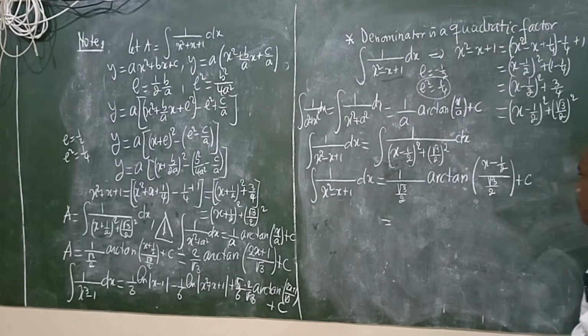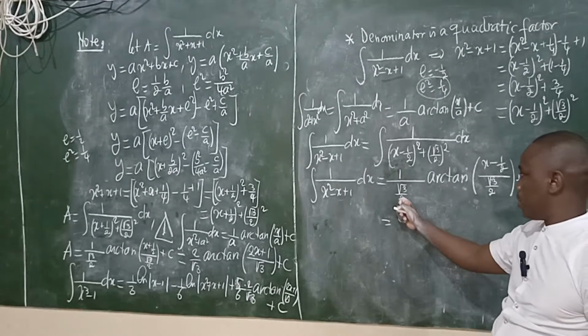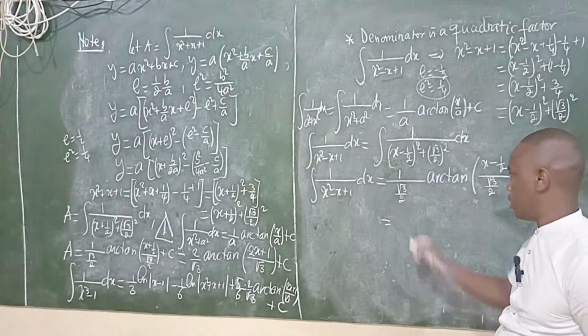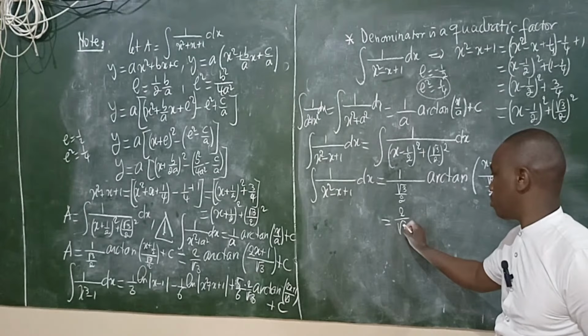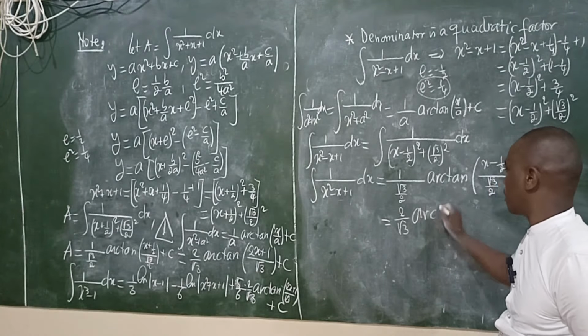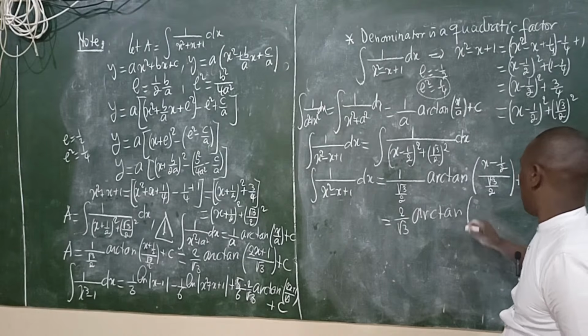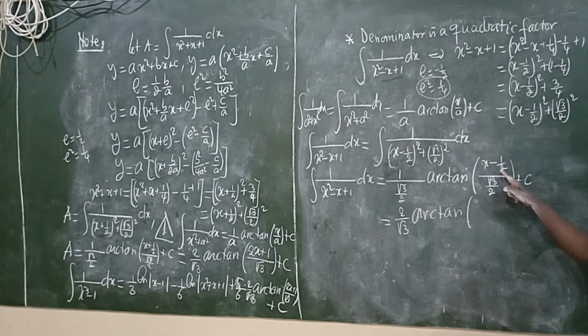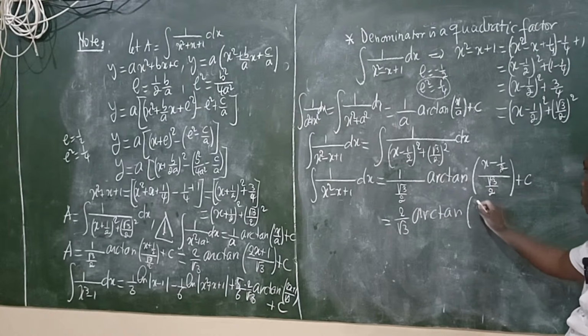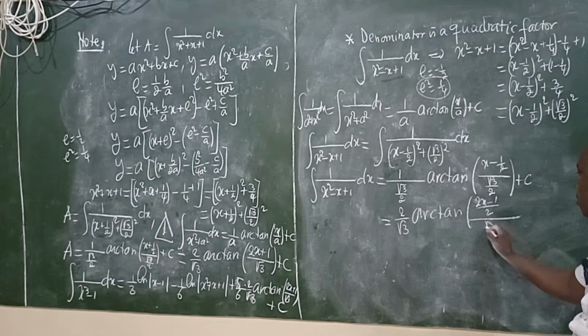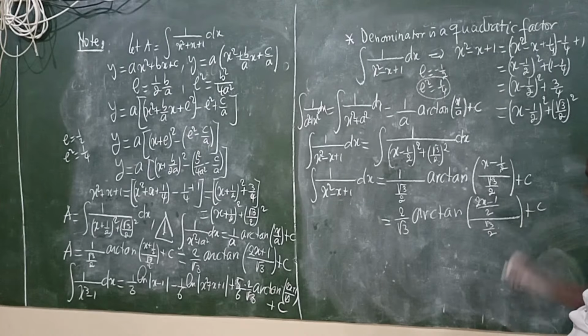Multiply 2 to 1. Here is 2 by root 3 arctangent of, taking the common denominator, 2x minus 1 over 2 all over root 3 over 2 plus c. These two will simplify.